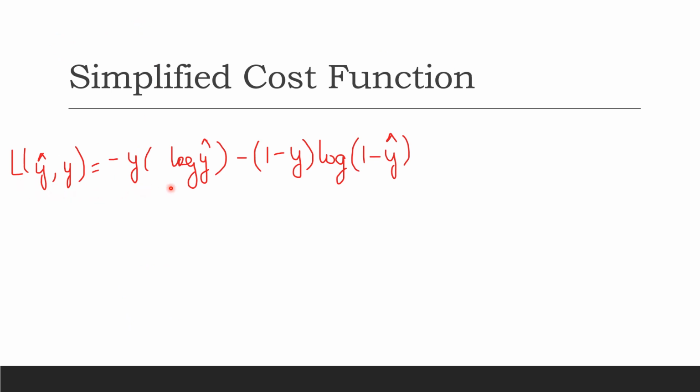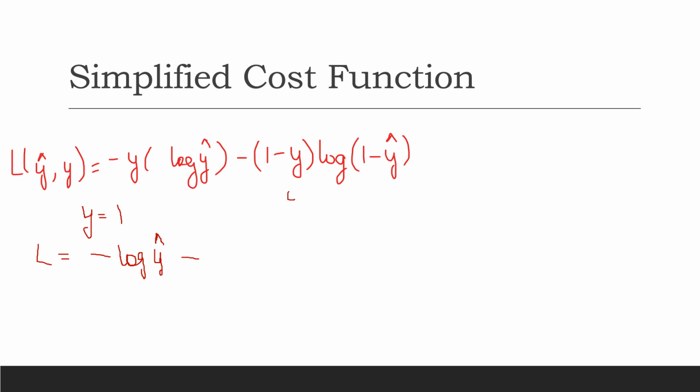So now this is the overall equation of the cost function. And if you see, if the value of y is 1, then L will be equal to, put y in this equation, then minus log y hat, and this term, 1 minus 1 will be 0.